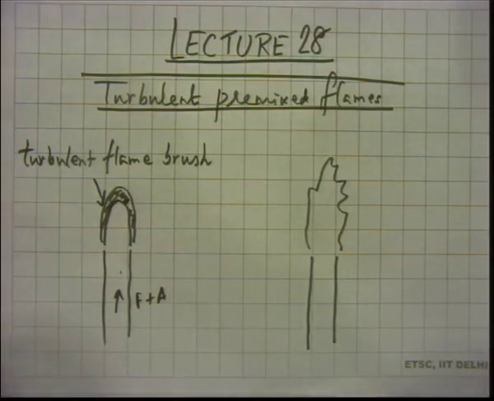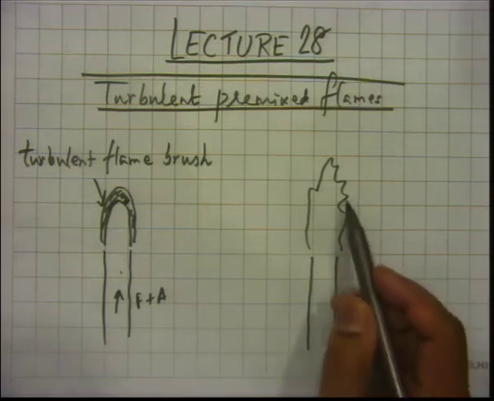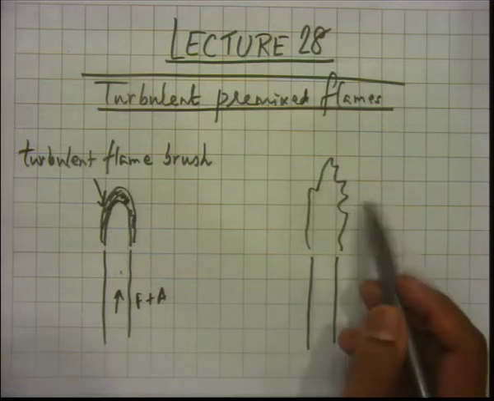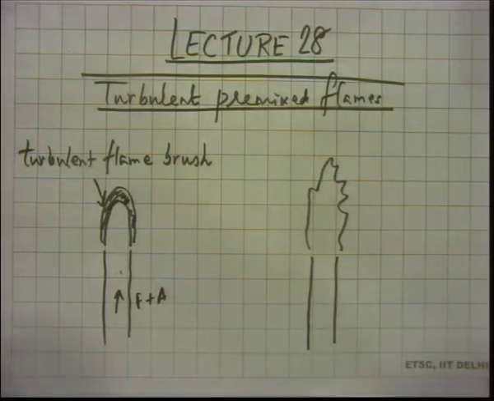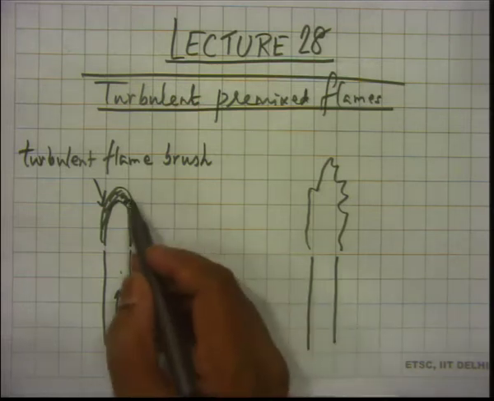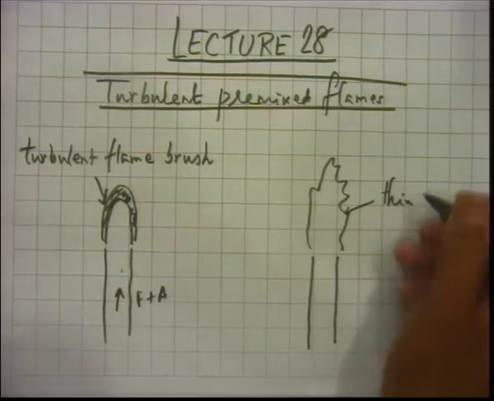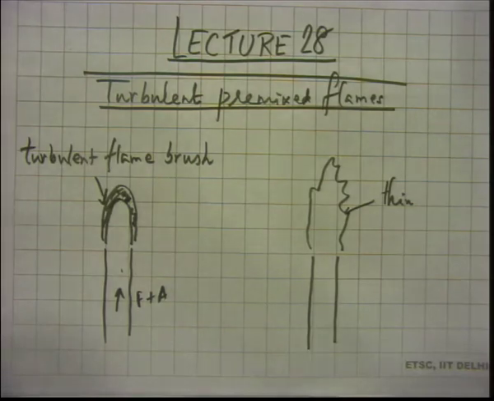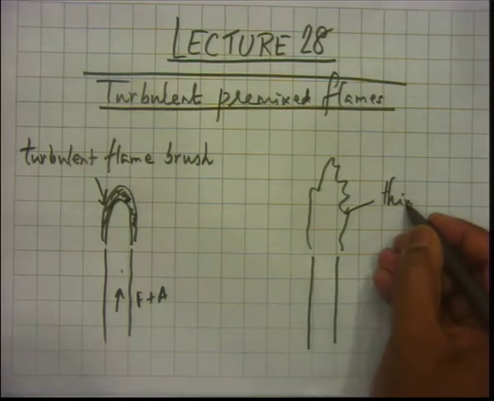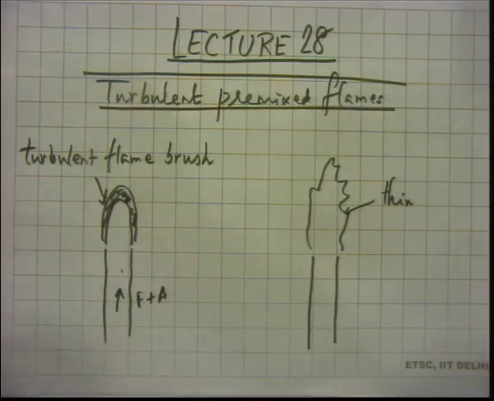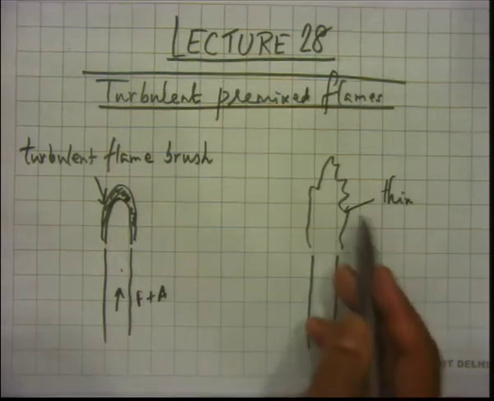We got some idea of this when we looked at the high frame speed images of a turbulent premix flame, and we had a sense that the flame is more like this, oscillating and moving about. So, an instantaneous image does not give you the appearance of a thick flame, but more like a thin flame. This is what I am drawing, and we could not see that clearly in the 300 fps image yesterday, but you could sense that it is something like this which is moving about.